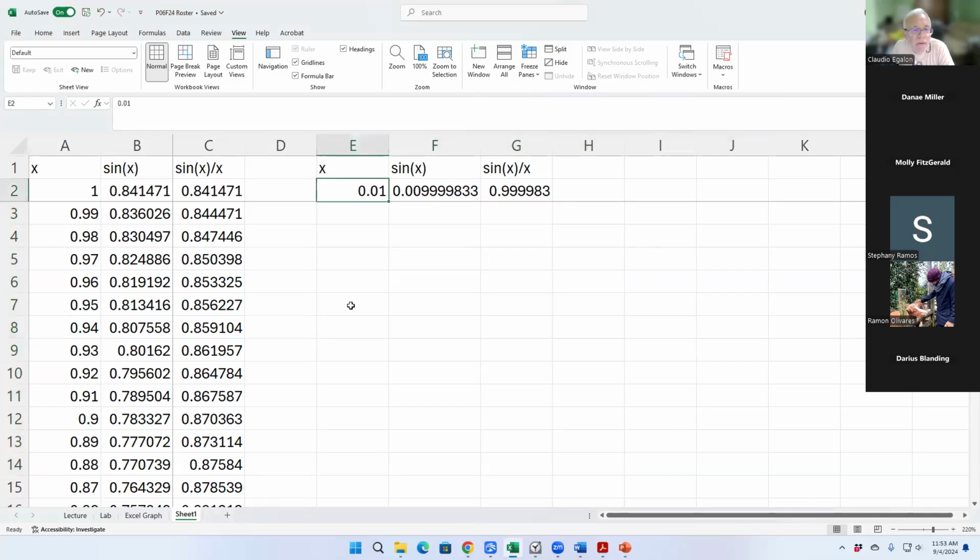So I have x 0.01, right? Sine of x is this one here, and then sine of x over x is almost 1, almost the unit. Did you fix that, Gabriel? Or are you still getting the same values?